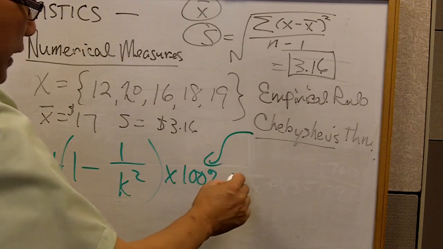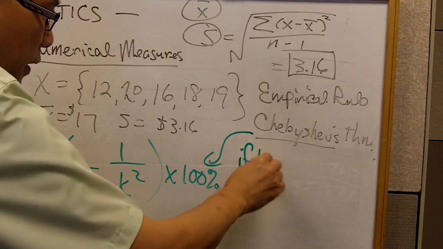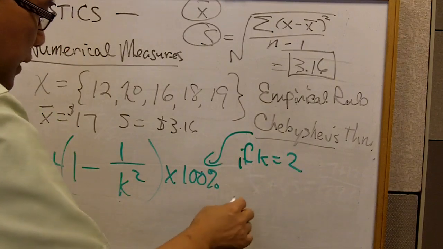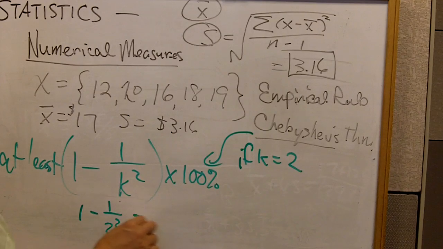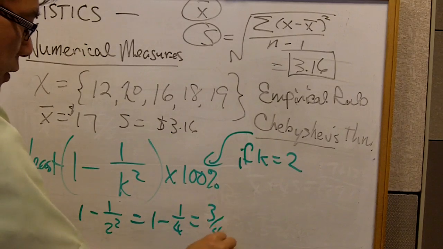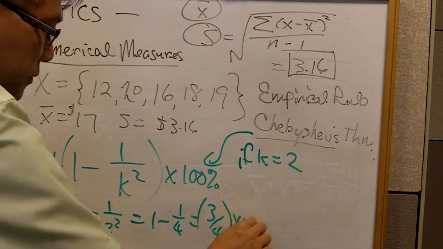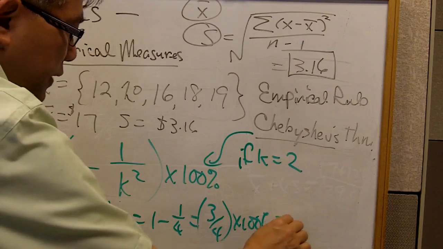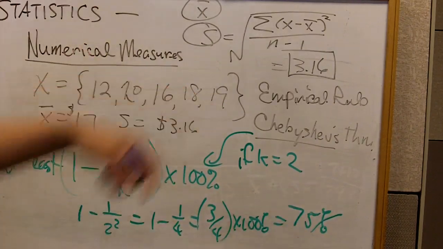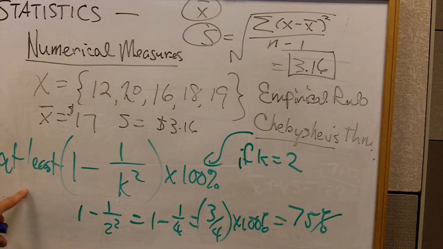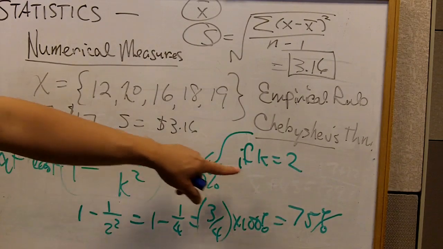So if k is equal to 2, then plugging into the equation, that would be 1 minus 1 over 2 squared, which is 1 minus 1 over 4, that is 3/4 times 100%, which gives us 75%. So Chebyshev is saying that at least 75% of the values would be within 2 standard deviations.